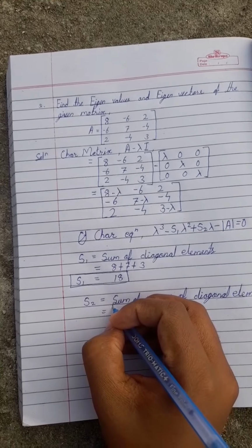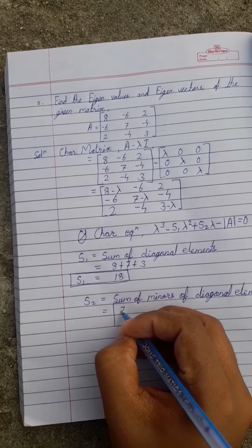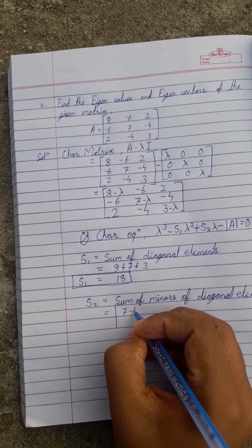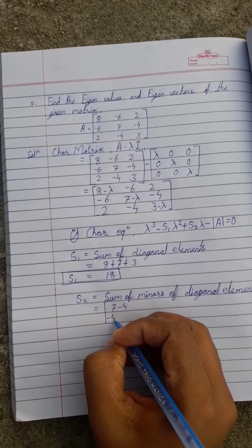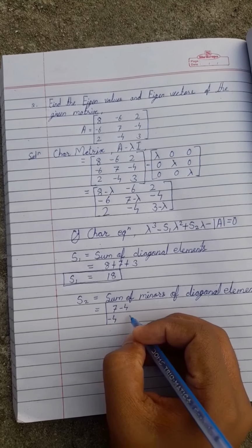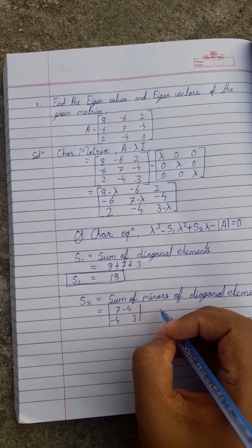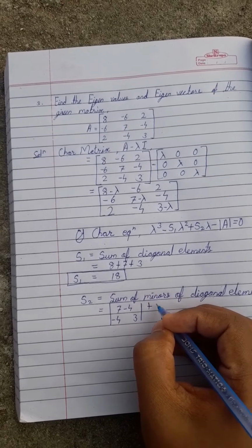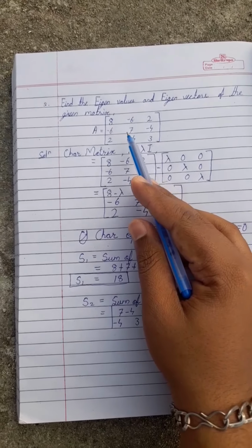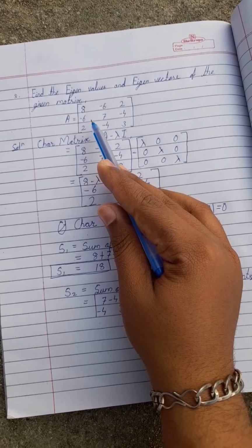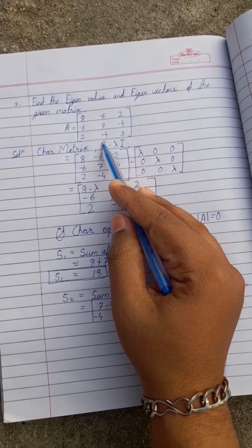So 7, minus 4 and minus 4, 3, plus the next diagonal element is 7, so we have to leave this middle row and this middle column.